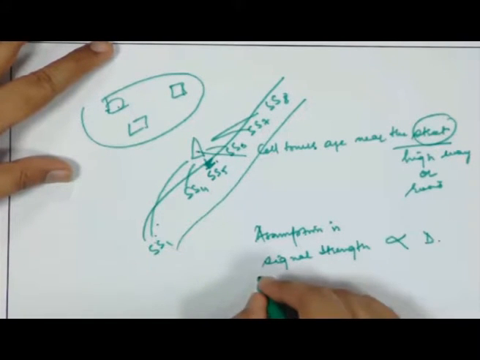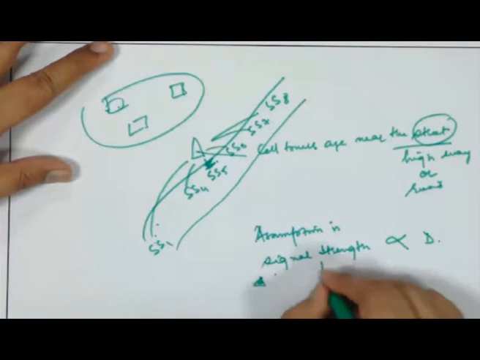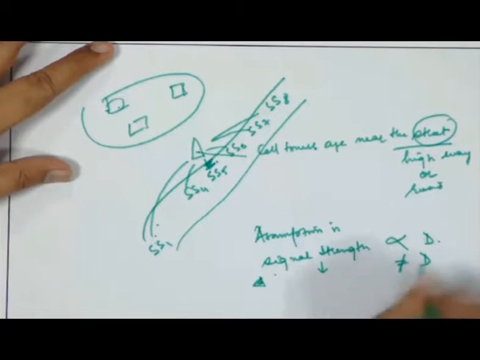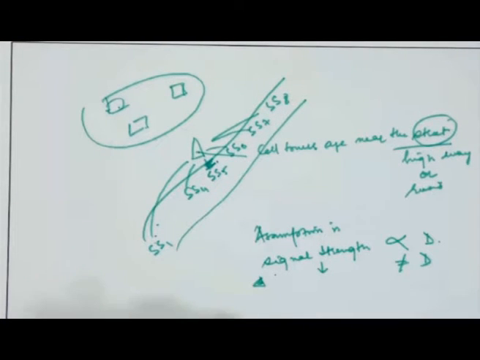But as signal strength becomes low, it doesn't correspond to distance. So when we try to do the weighted average, it essentially breaks down.